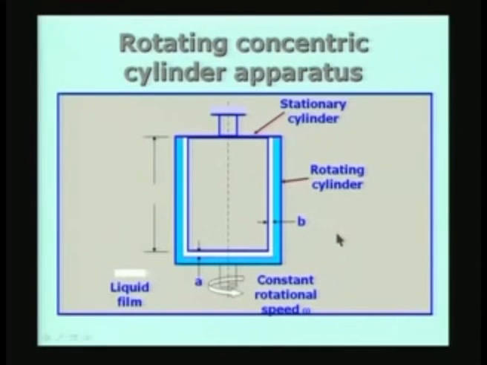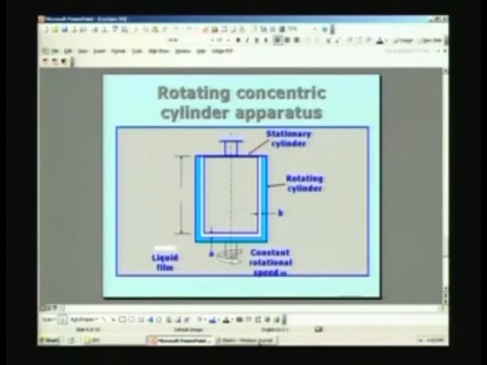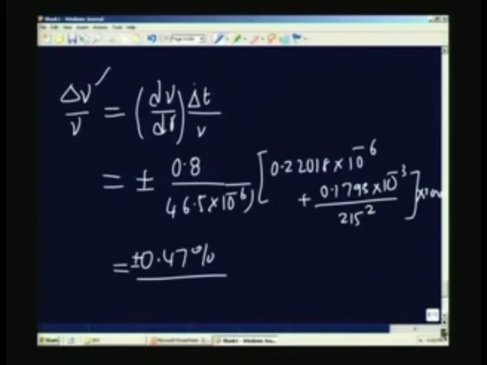So, for determining the torque, let me try to derive the suitable relationship. What I have essentially is an inner cylinder and an outer cylinder. I am just making the sketch here.